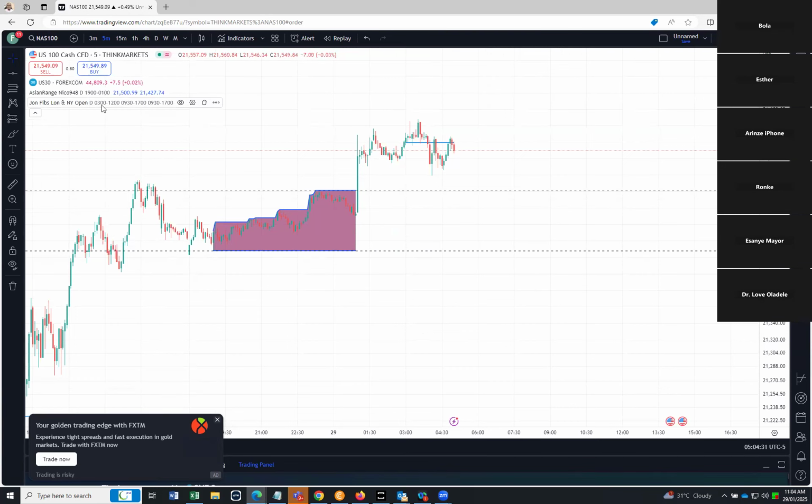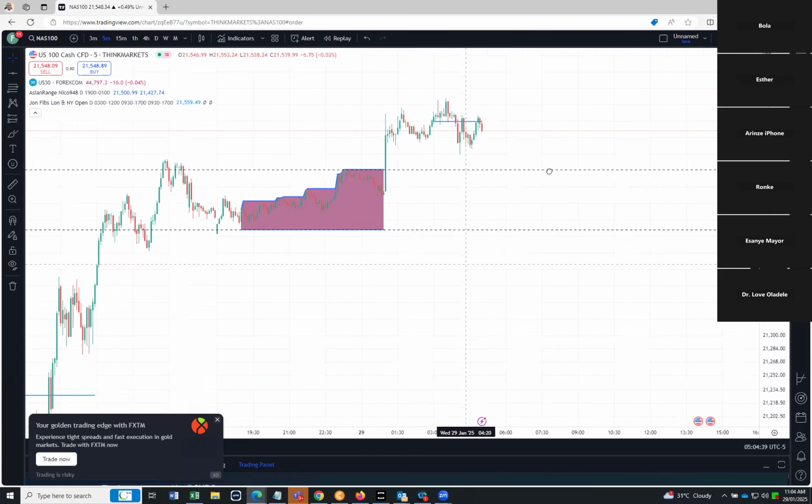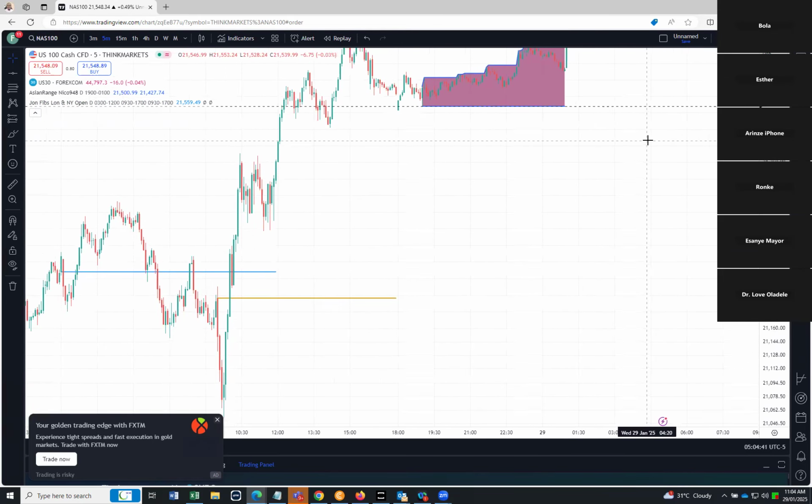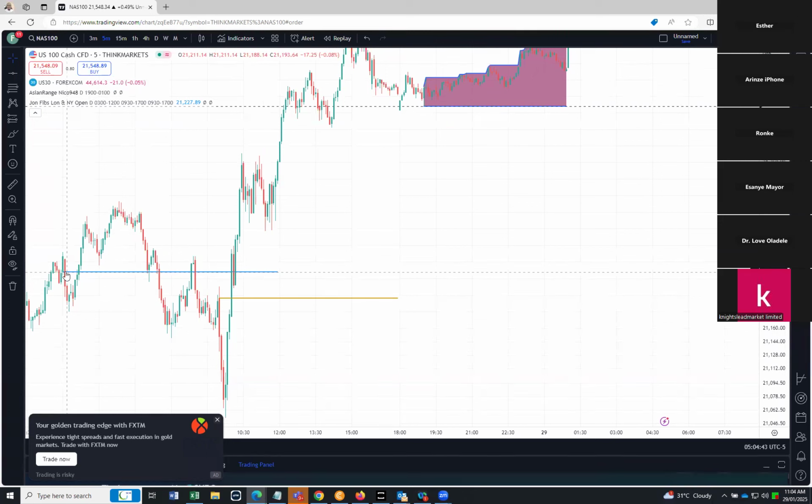So that one, like I explained, is not really needed. In fact, we can do without it. What it actually just shows us, like I explained here, is this blue line shows us the London Open. So it shows when it opens. The line goes across, and where it ends is where the London session ends.